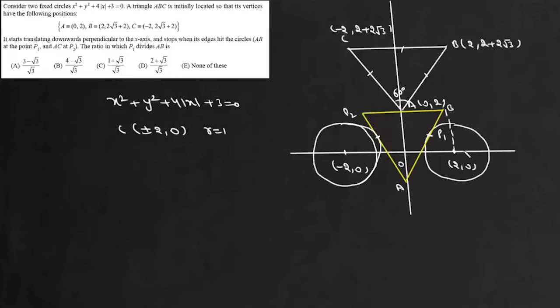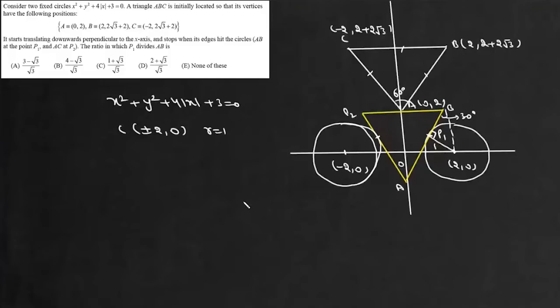Now we'll drop this perpendicular here, and this is 90. We know that this angle is 60, so this angle will be 30. And radius of this circle is 1 unit.